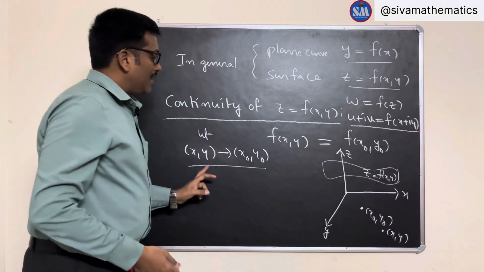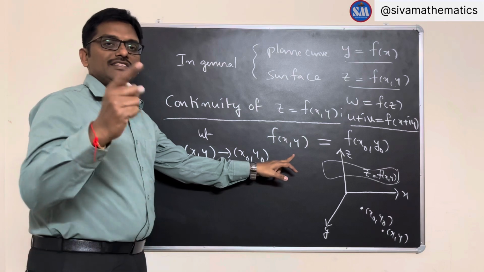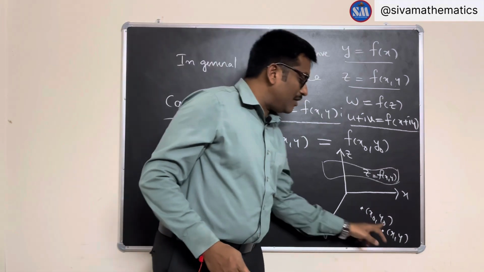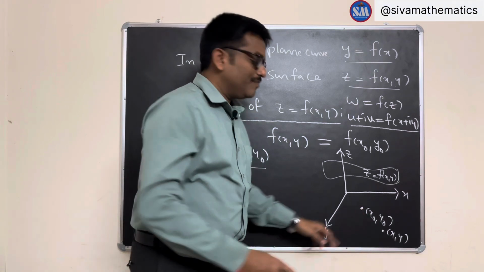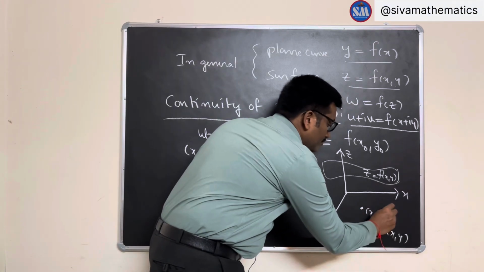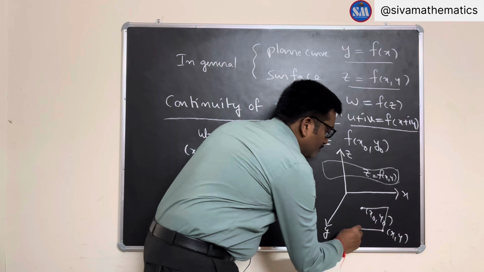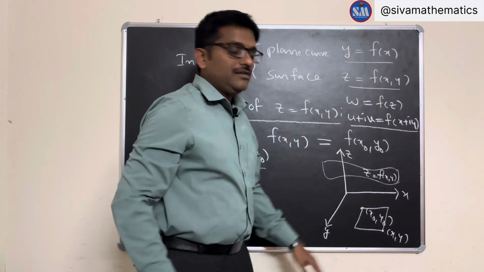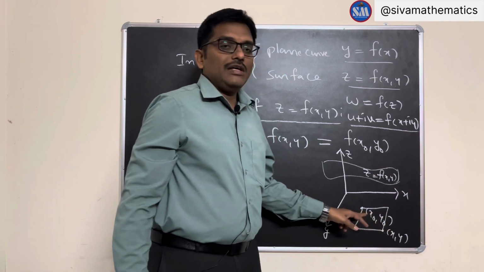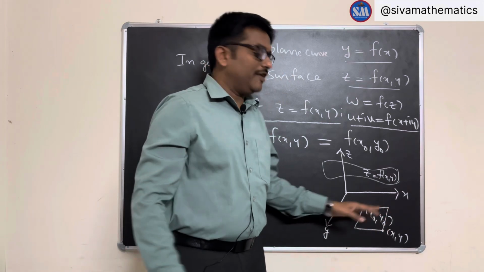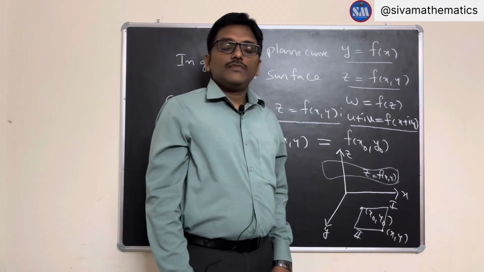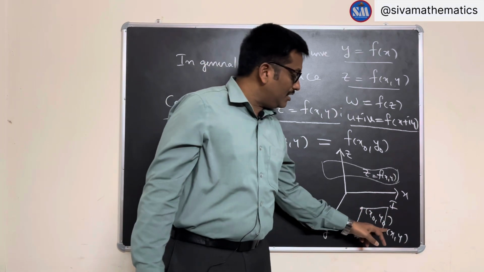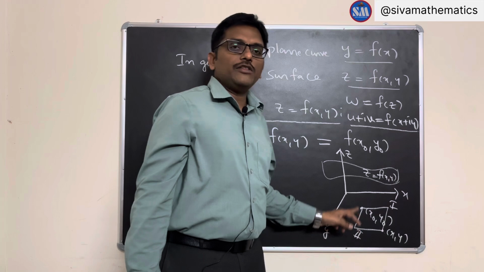The evaluation of the limit, which we discussed in the previous class, is along all paths as x comma y tends to x naught comma y naught: along path 1, along path 2, along y equal to mx plus c, y equal to mx square plus c. In fact, if you are finding the limit not at the origin, then we can find the limit along path 1 and path 2.